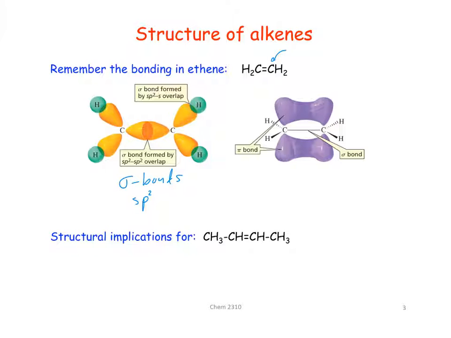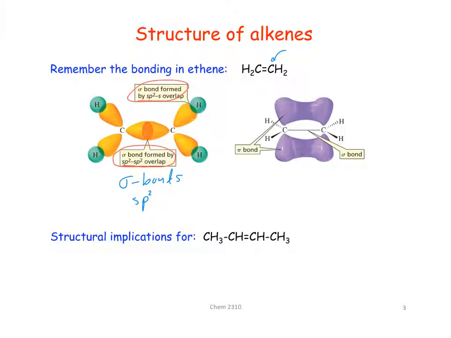And we notice here in orange, it's just showing the big lobe of each of those sp2 hybridized orbitals. One of them is being used to make the bond between the carbons, and 2 of them are being used to overlap with s orbitals of those hydrogens. So this is the sigma framework of this molecule.